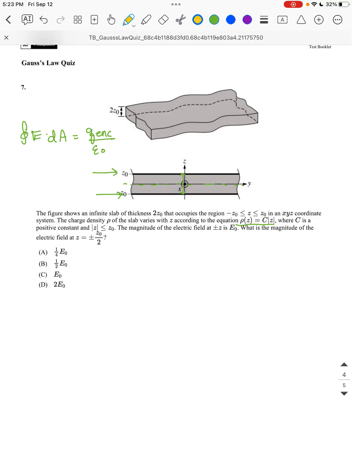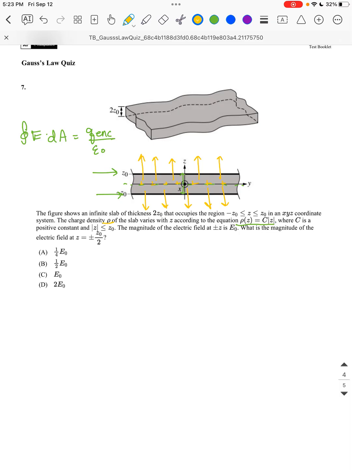When we analyze this, if this is a positively charged slab, which they say, it's a positive rho instead of a negative rho, then we know that these positive charges in the center, again, they're not evenly distributed, but they're going to create electric field lines going outward, and it's going to come out on both sides of the slab.